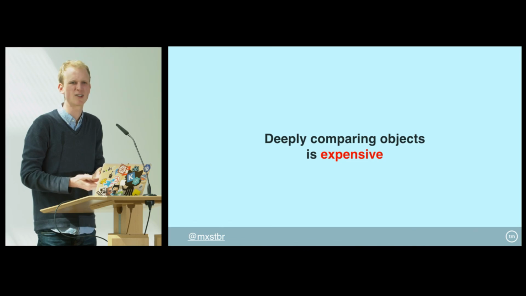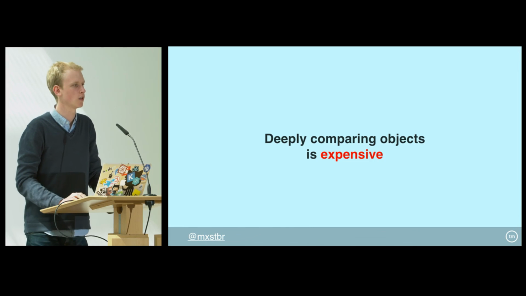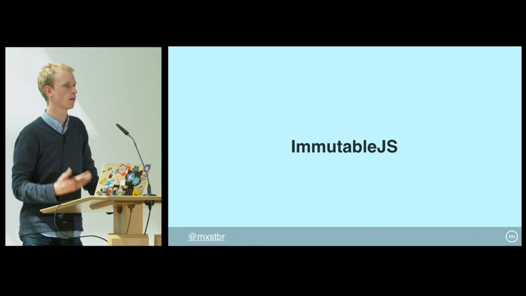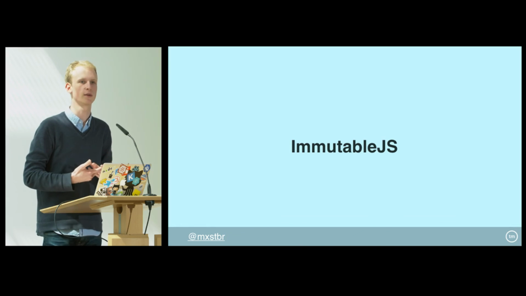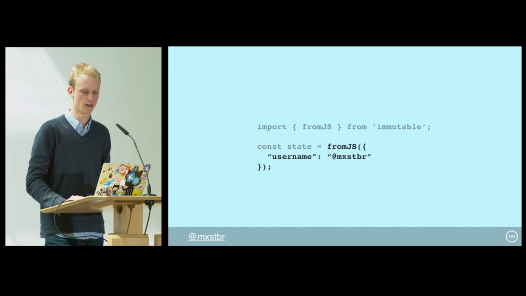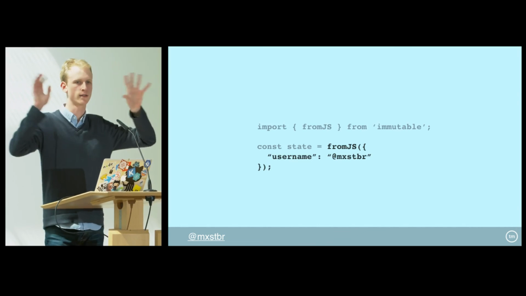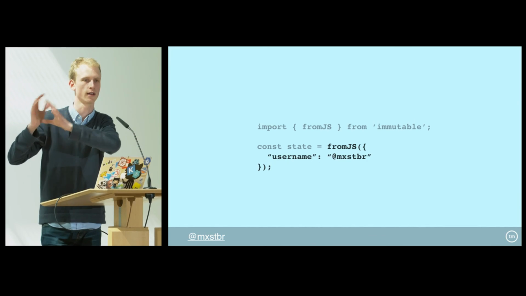The problem is if we do that in every single component, that's really expensive. Deeply comparing objects isn't something that you can do really cheaply. It's really, really expensive. As Pascal said, there's a solution to this, and that's immutable data structures. Immutable.js is a library that gives us immutable data structures in JavaScript. And they have this fromJS function. You pass in some sort of object that can be nested, self-referencing, doesn't matter, they take care of it.